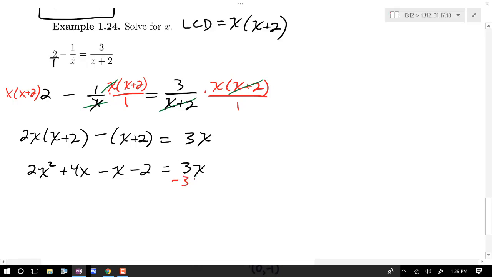I'll subtract 3x. So we have 2x squared plus 2x minus 2. Oh, wait.